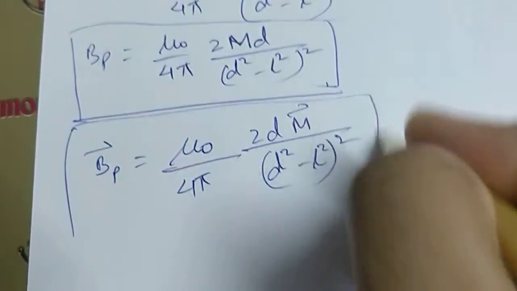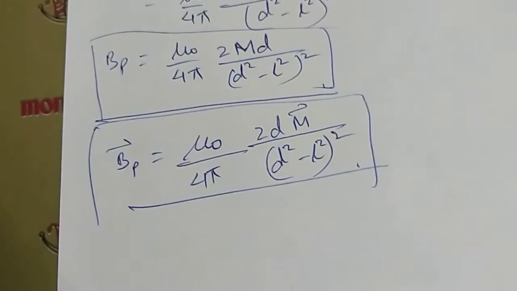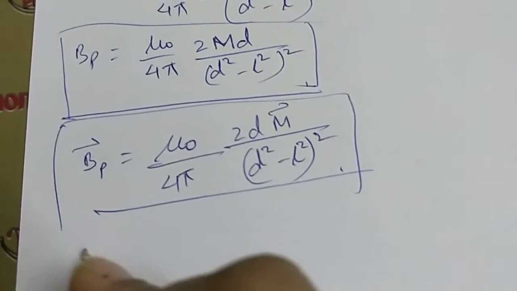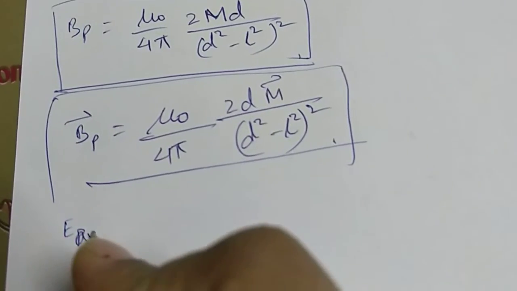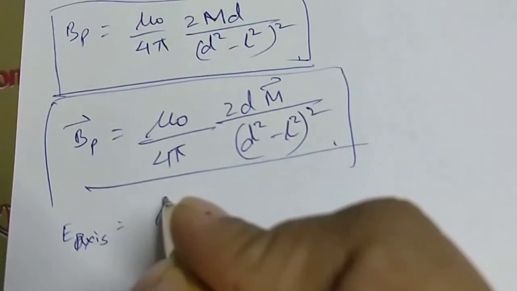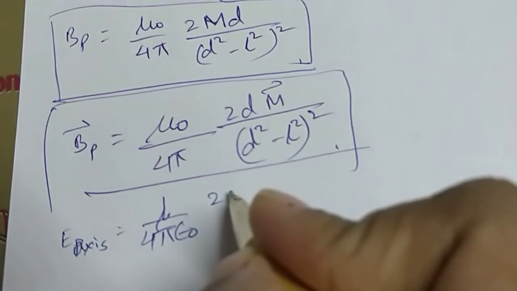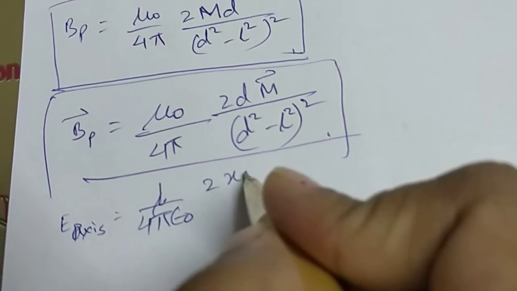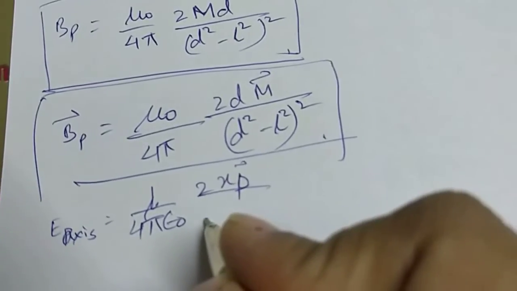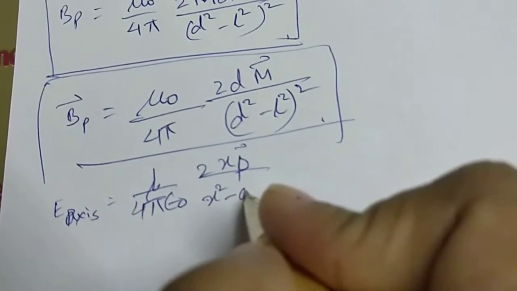They both are in the same direction. We got a similar expression in electrostatics: the electric field on the axial line was 1 by 4 pi epsilon naught, 2 x vector p by x square minus a square whole square.